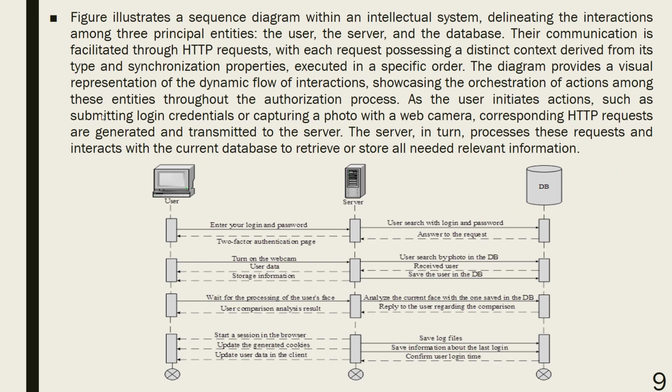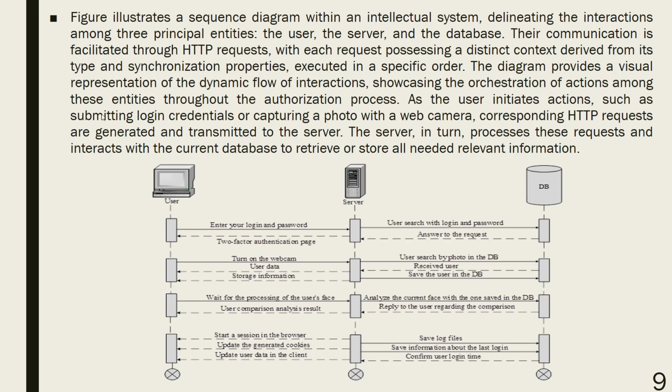This figure illustrates a sequence diagram with an intellectual system delineating the interactions among three principal entities: the user, the server, and the database. Their communication is facilitated through HTTP requests, with each request possessing a listing context derived from its type and synchronization properties, executed in a specific order.